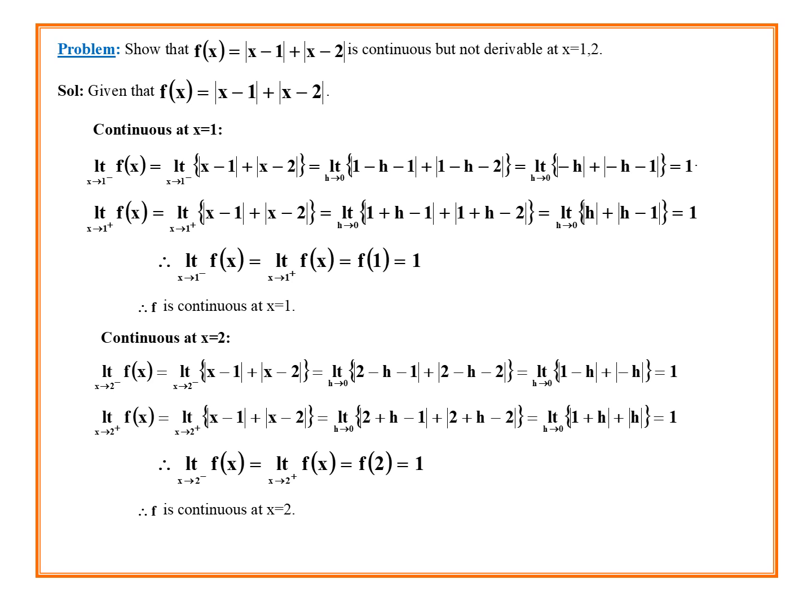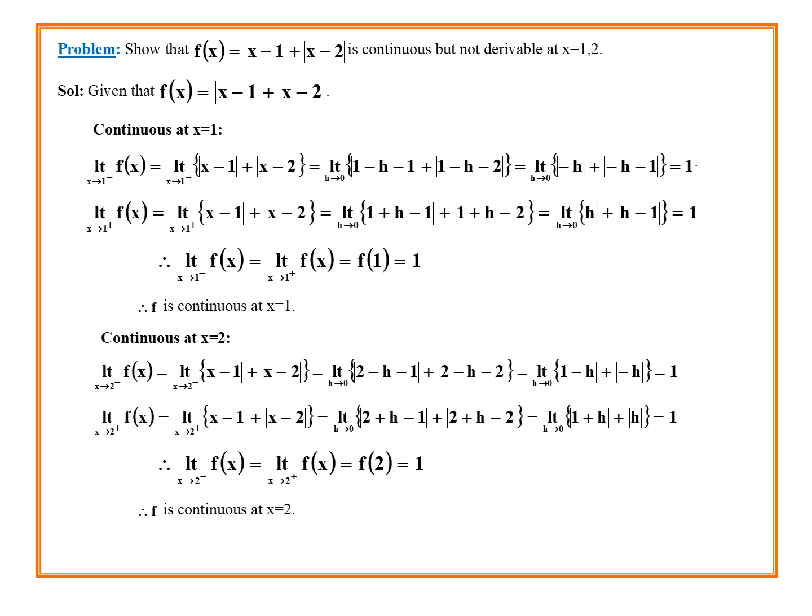The value is 1 because in modulus, a negative value always becomes a positive value. Modulus means we are taking the positive value. Therefore, limit x tends to 1 minus f of x equals limit x tends to 1 plus f of x equals f of 1. The value is 1. Therefore, f is continuous at x equals 1.